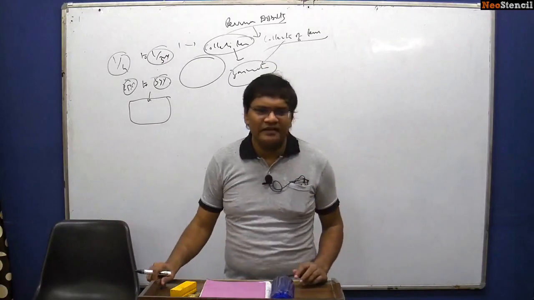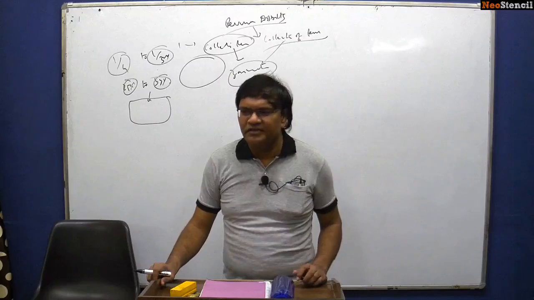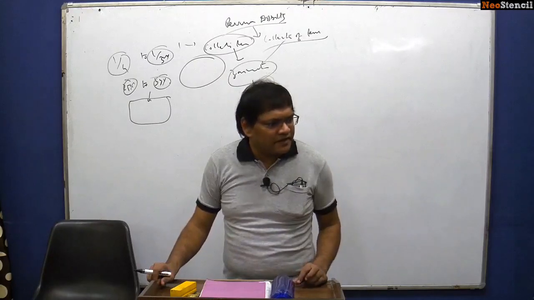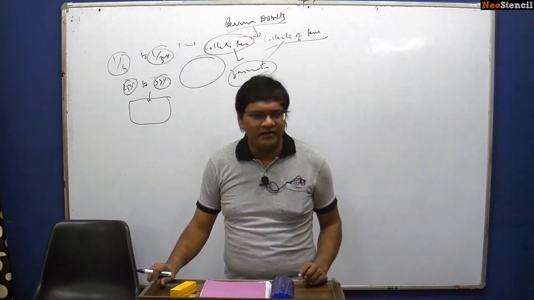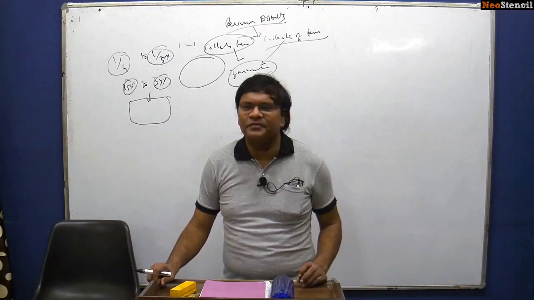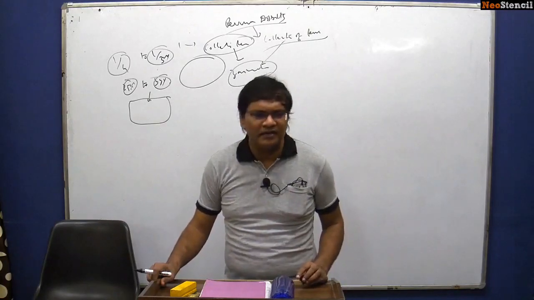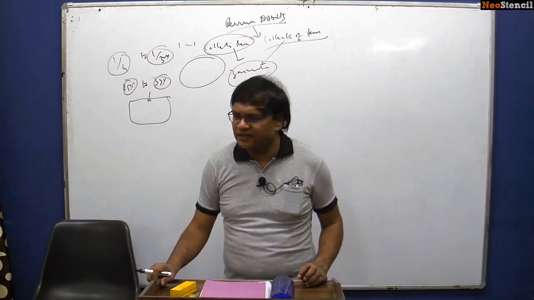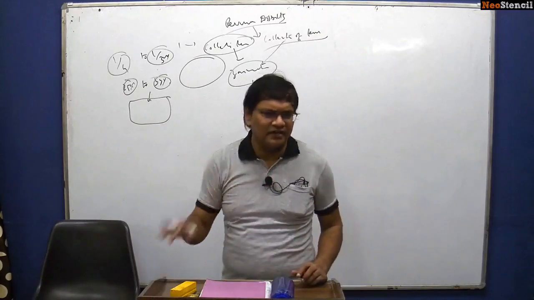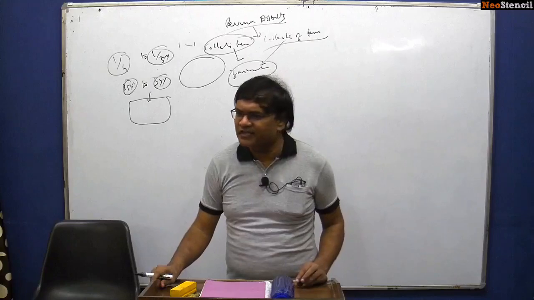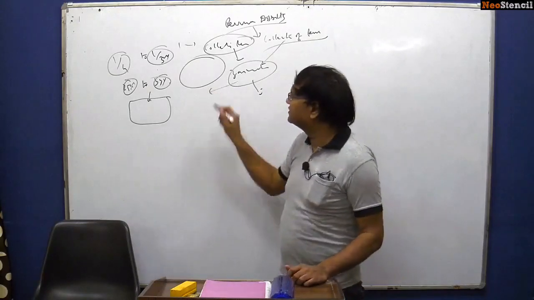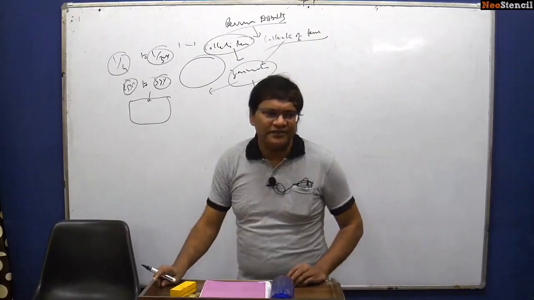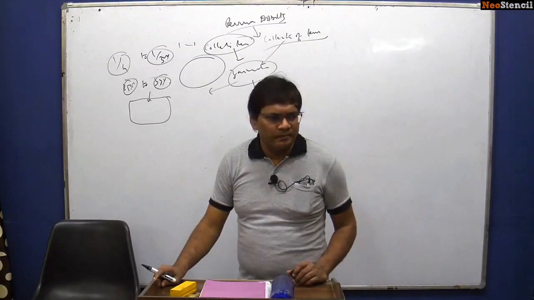These jamindars were given the responsibility to collect revenue on behalf of the East India Company. The revenue would be fixed by the East India Company, that is, how much revenue they must collect, on the basis of the scientific survey done by the East India Company officials. And for collecting this revenue, the jamindar was given a certain percentage.